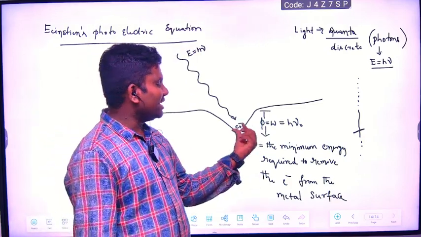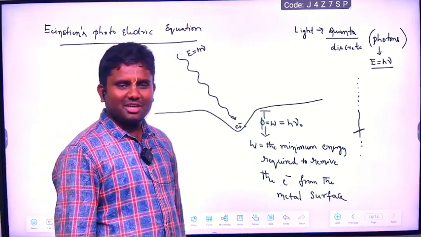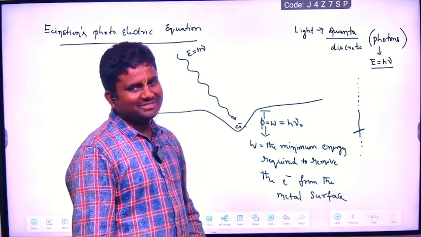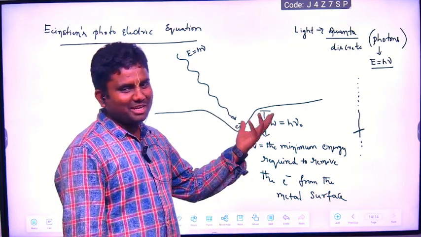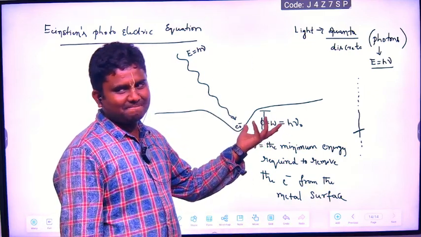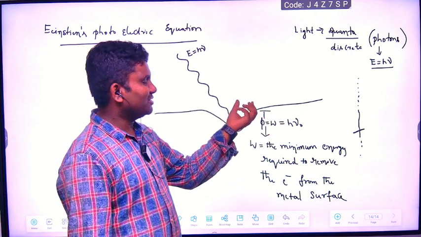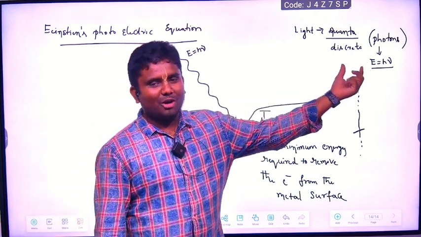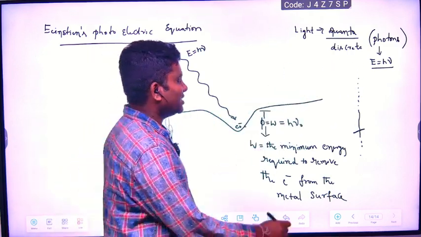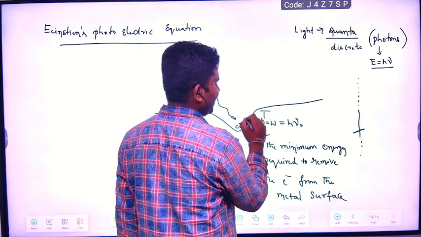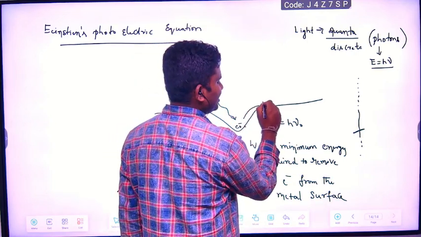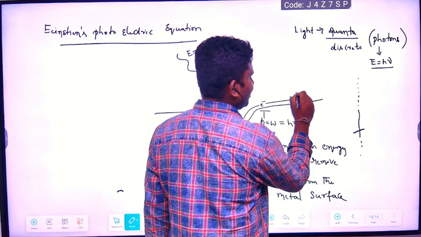It is the minimum energy to come out from the metal surface. Then what happens to the remaining energy? It will be used to move away with some kinetic energy. So this electron will just come out and it will also move with some velocity.